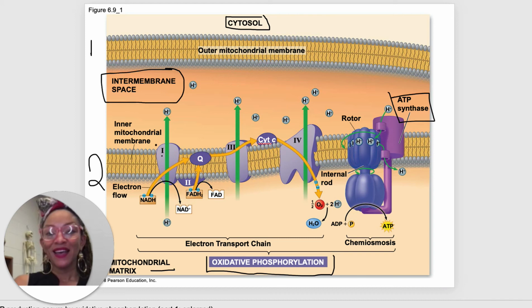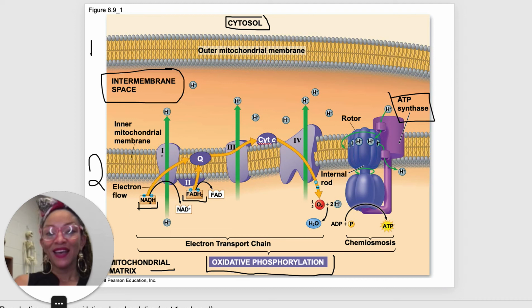The electron transport chain, just like it sounds, these little chains right here, are made up of proteins. And you see here we have NADH coming in and releasing electrons, so this little line right here, releasing electrons that are carried from one protein to another. You see where NADH enters first at that first protein, and FADH2 does not enter until the second protein here in the electron transport chain.